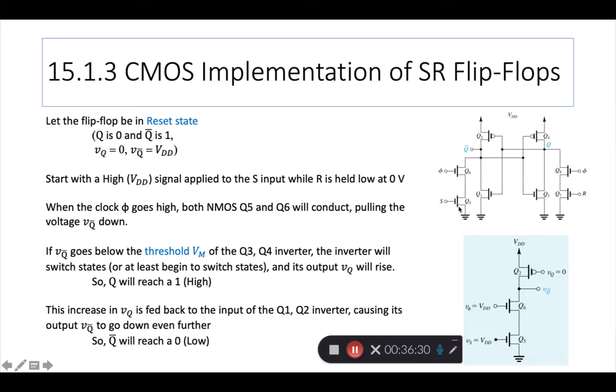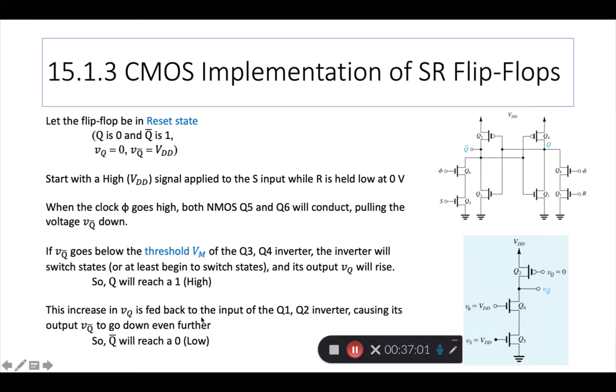So you see how applying just a clock at the time when S is high causes the inverter to flip. And we know that when this flips to Q, the latch forces the other to switch to Q bar. So this increase in VQ here, it's not fully, but it's just starting to go high.